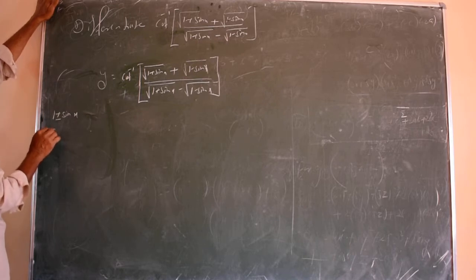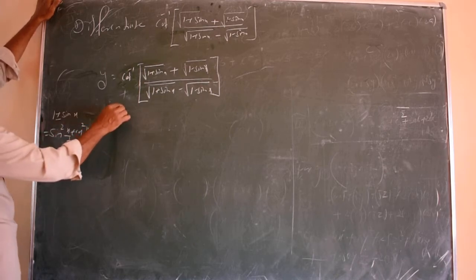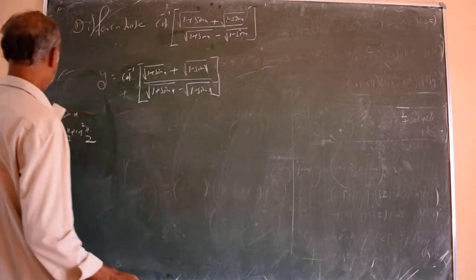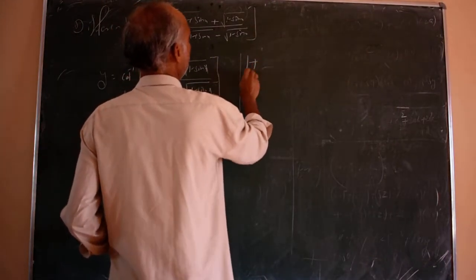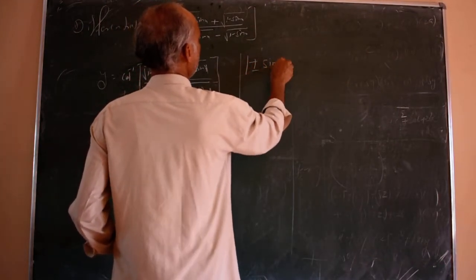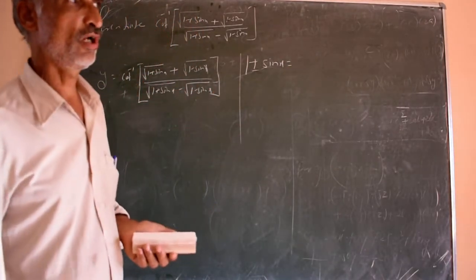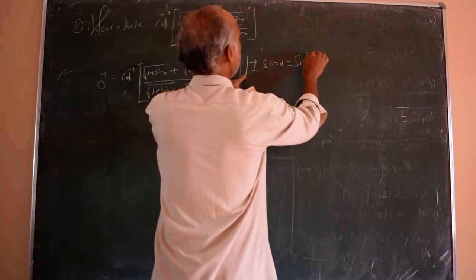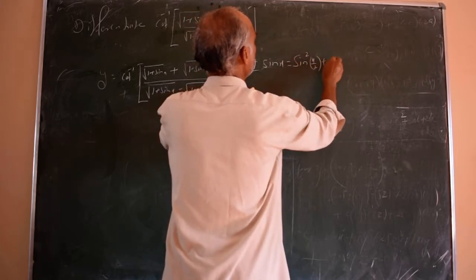Here I can simplify, but I have to write it for both 1 plus sin x and 1 minus sin x. We know that 1 can be taken as sin square theta plus cos square theta. Therefore, this 1 can be taken as sin square x by 2 plus cos square x by 2.